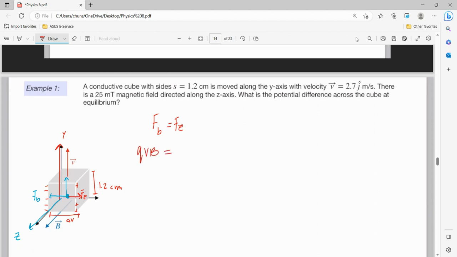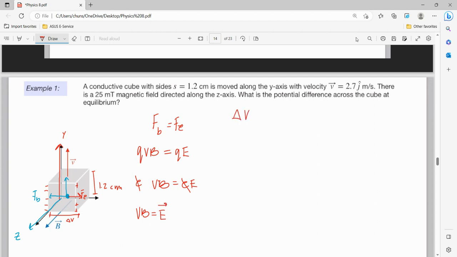So qvB is equal to qE. We're going to replace our q with the electron's elementary charge, since we're working with electrons. These cancel out. So this is vB is equal to our electric field.